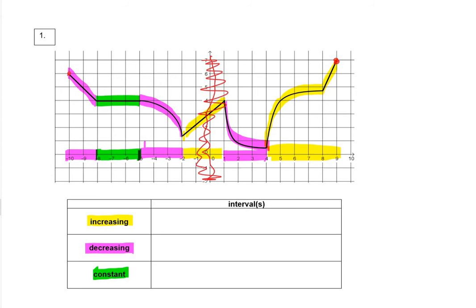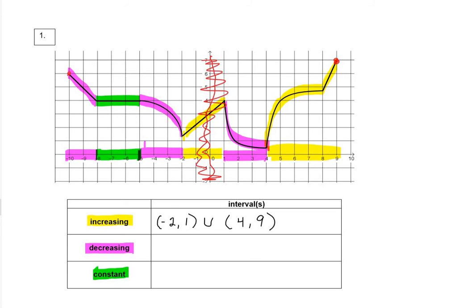So again, reading from left to right, the yellow part is from -2 to 1. Then I skip this pink section and then I union that with the interval from 4 to 9. Okay, now we're going to identify the intervals where my graph is decreasing, and that's the pink part of my graph.